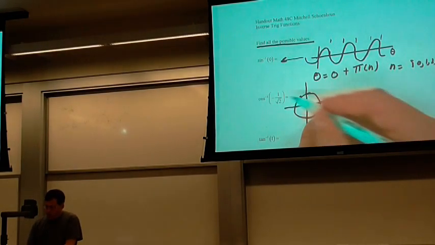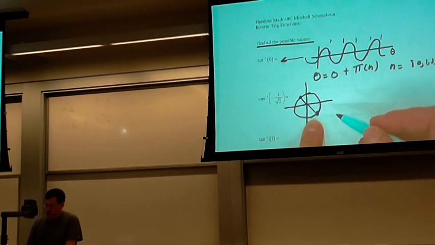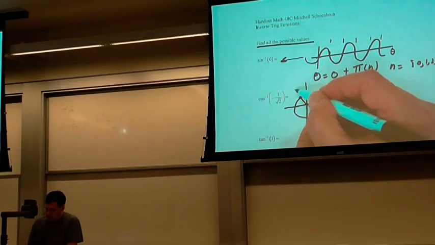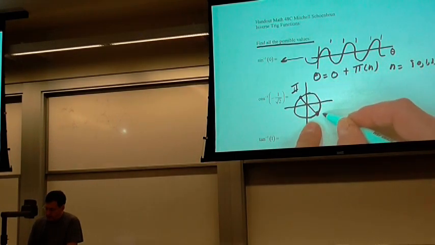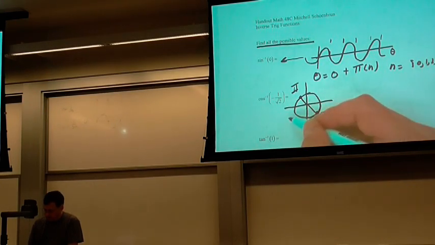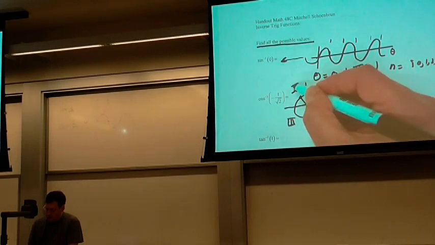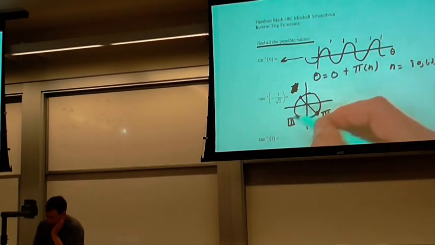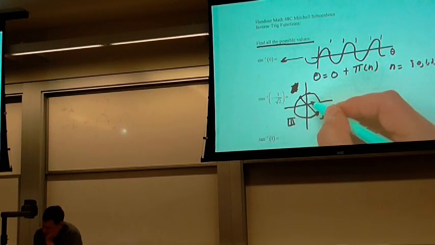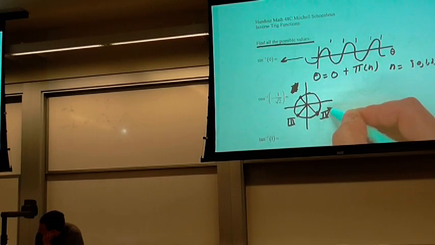See, where is the cosine negative? It's negative in the second quadrant and the third one. Uh-oh. I talk myself into the wrong answer. Wait a minute. Oh, I told you wrong.